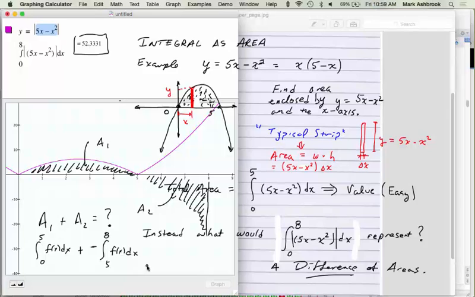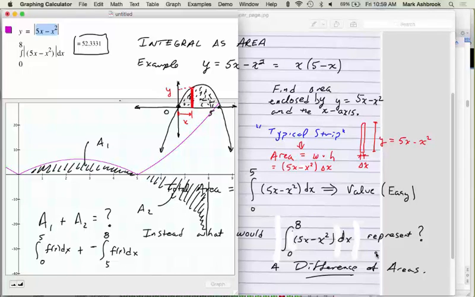Normally if you're asked to find total area, you would write it as separate integrals. And for whatever region has a function below the x-axis, you're going to take the opposite of that integral to make it a positive area that you're adding. But know that if you just take the whole thing from 0 to 8, you're not getting a total area, you're getting a difference of areas, just like with net change.